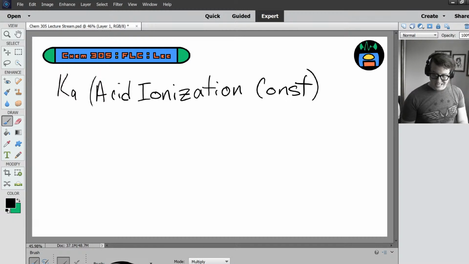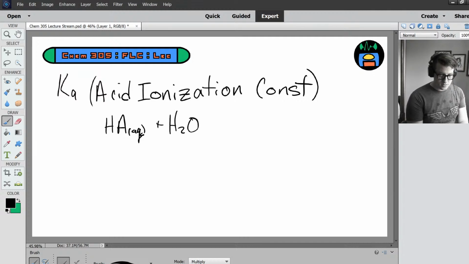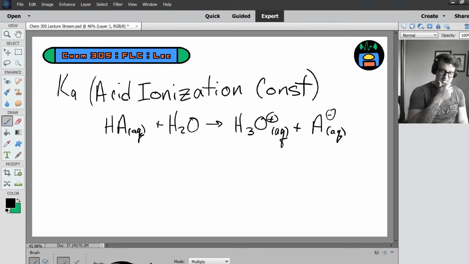It's the simple equilibrium constant for the reaction of an acid with water to produce hydronium, which is aqueous, and the conjugate base, which I'm just going to write as A minus, right?